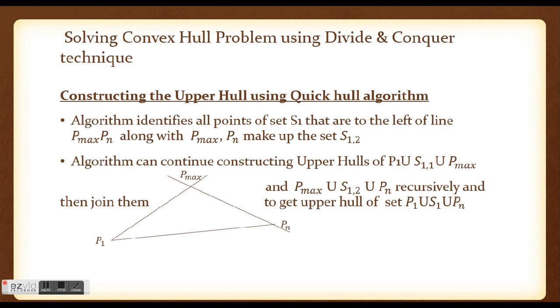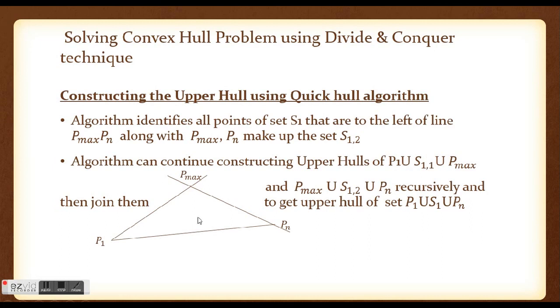So the algorithm continues constructing the upper hulls of P1 union S1,1 union P max, and P max union S1,2 union Pn recursively, and then joins them to get the upper hull of the set P1 union S1 union Pn.